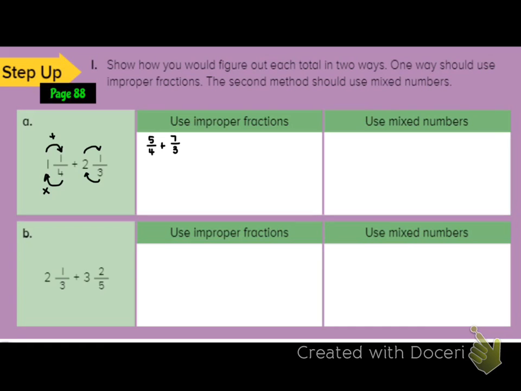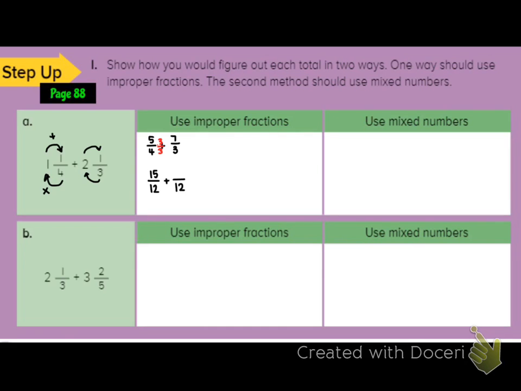Now, as you know, we have to find a common denominator when we do this. So my common denominator for 4 and 3 is 12. My lowest common denominator is 12. So I'm going to write my denominator as 12 for each. I know that I have to multiply 5/4 by 3 over 3, which makes it 15/12.